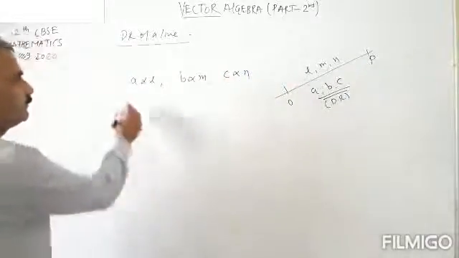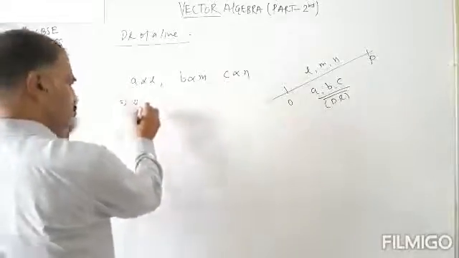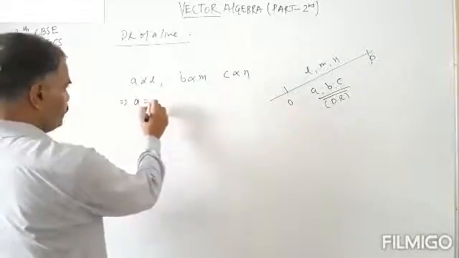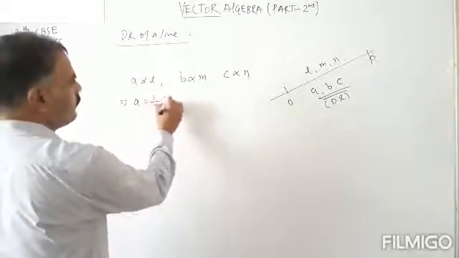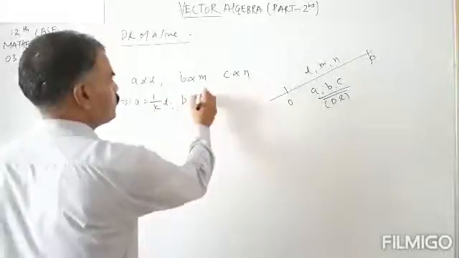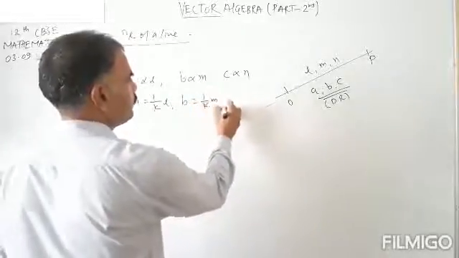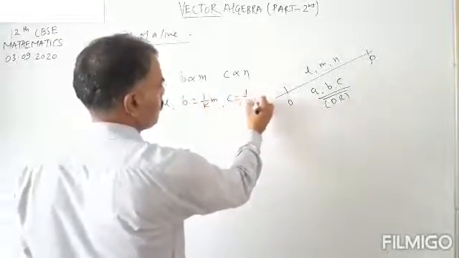Means a equals 1 upon k into l, b equals 1 upon k into m, and c equals 1 upon k into n.